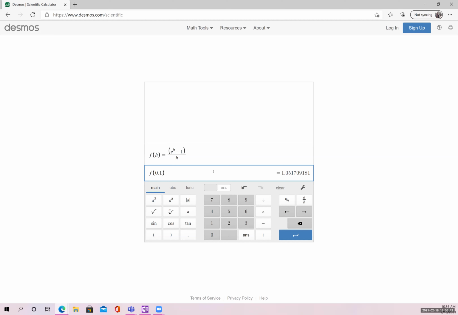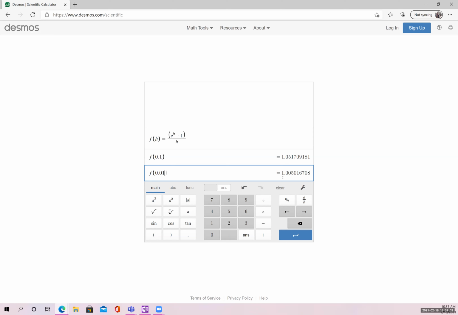You want to do this until you get numbers that are repeating themselves 2 times. And so f of 0.1, I see I get 1.05. So let's get a number even closer to 0. So let's put f of 0.01.